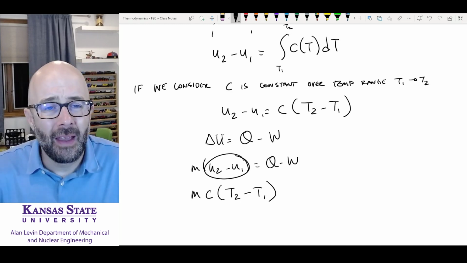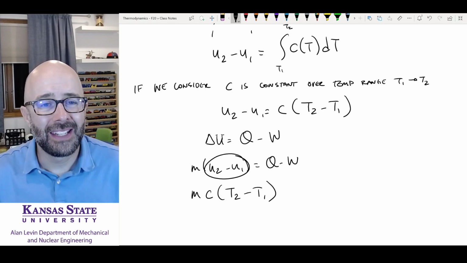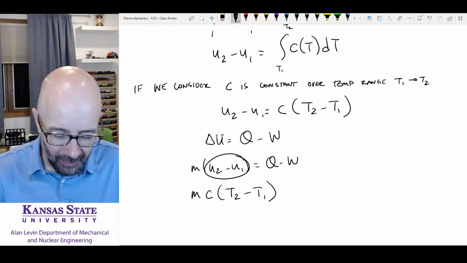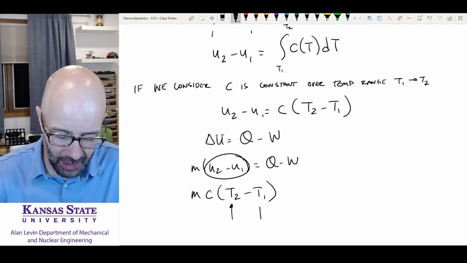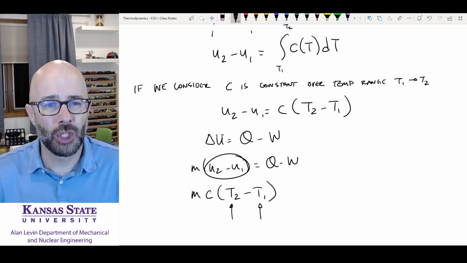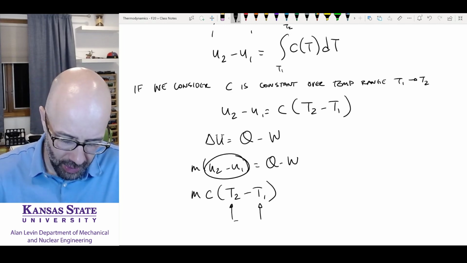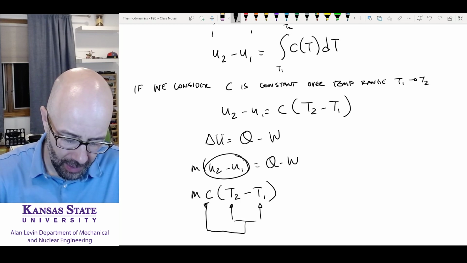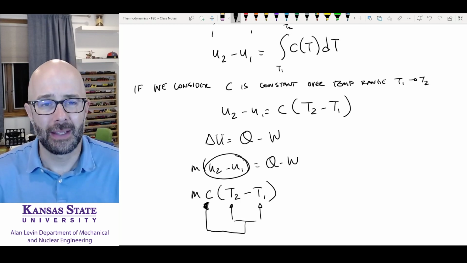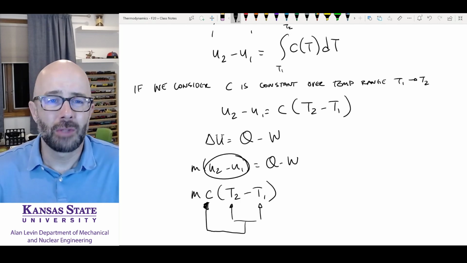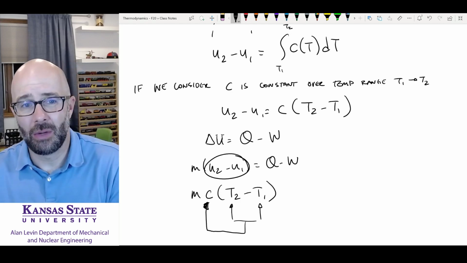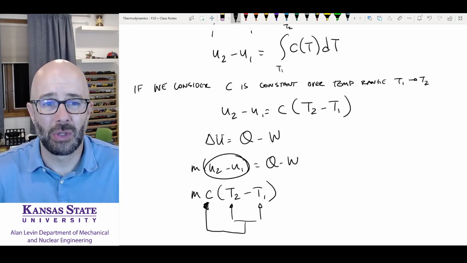Now, we know that the specific heat does change a bit. And you're given two temperatures, T2 and T1. What temperature do you use to look up what C is, what your specific heat is? Okay, there's many different things you could do. You could look it up at T1, you could look it up at T2. It really doesn't matter.